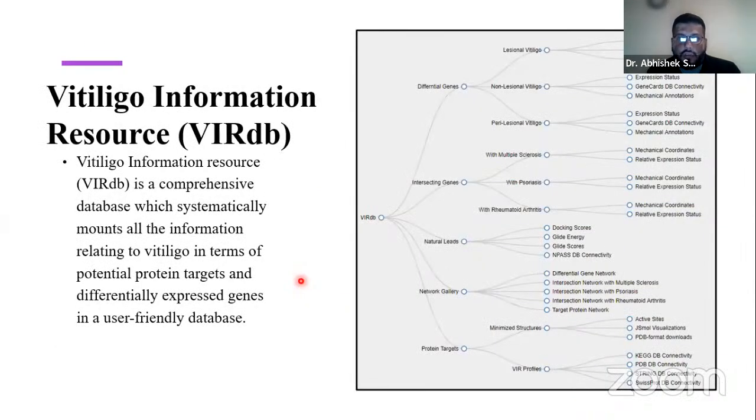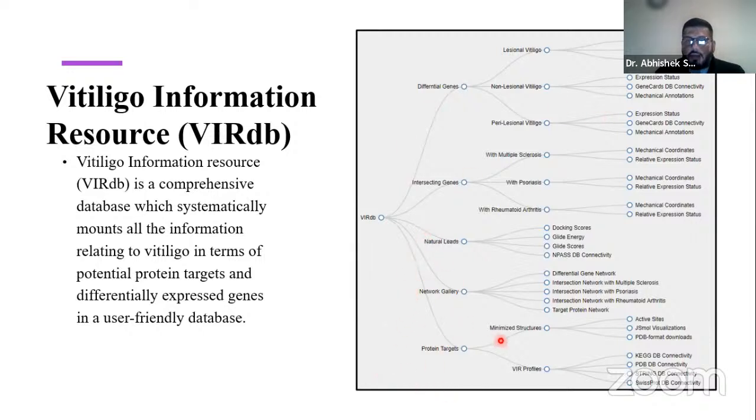This is the whole structure or features of the VIRDB database, where we have differential genes, intersecting genes, natural lead compounds. We have done some docking studies also, though this is not our main area.